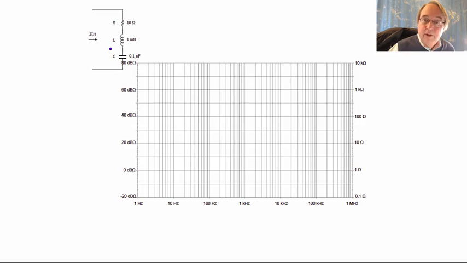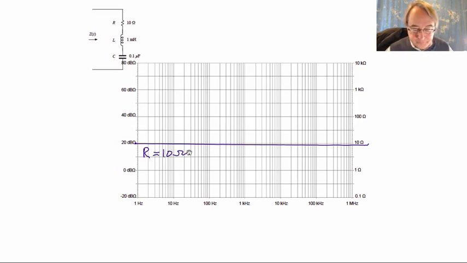All right, let's do another example. Let's suppose that we change the value of R so that it's now 10 ohms instead of 1,000 ohms. We'll leave the values of L and C the same. So R is now 10 ohms, which puts it down here at 20 dB ohms. The inductor asymptote is the same.